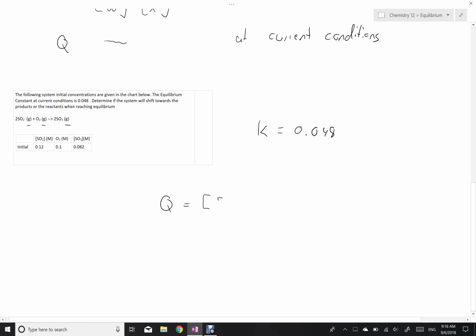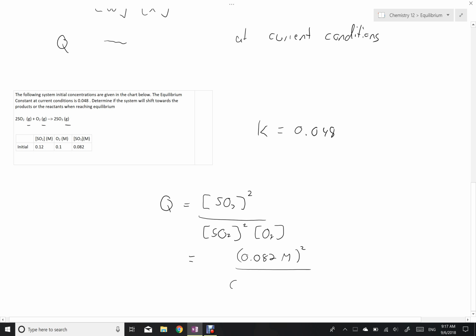Our products are just the SO3, and it has a coefficient of 2, so we make it squared. And our reactants, SO2 squared and O2 to the power 1. And then we have our current conditions. So we have 0.082 molar SO3, and that's all going to be squared.